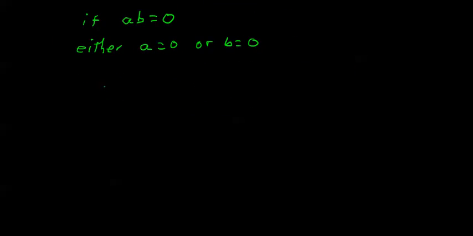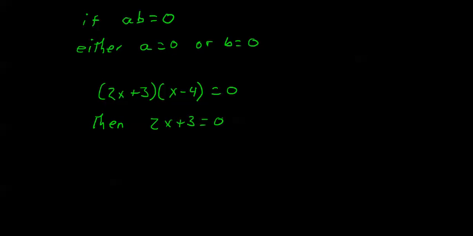Likewise, if I have two factors, 2x plus 3 times x minus 4, and it's equal to 0, then the only way for that to be true, 2x plus 3 must equal 0, or x minus 4 must equal 0.